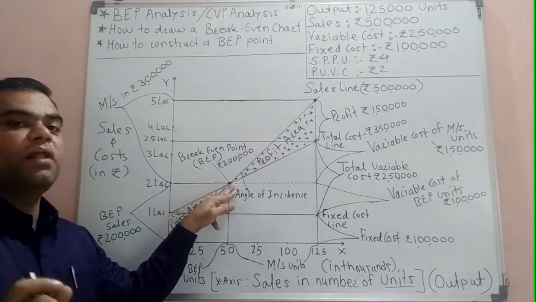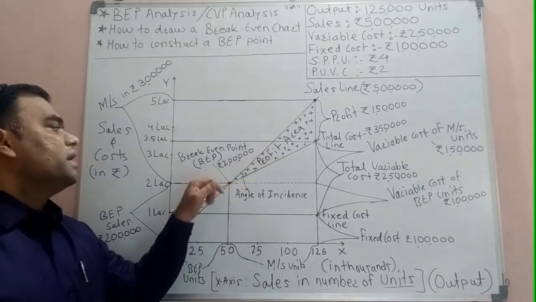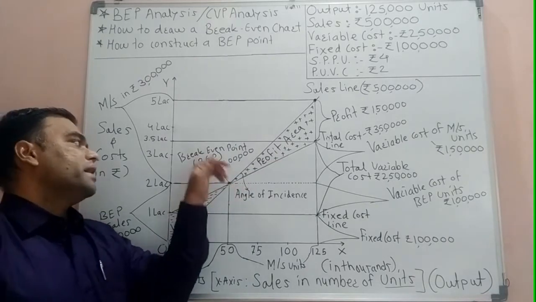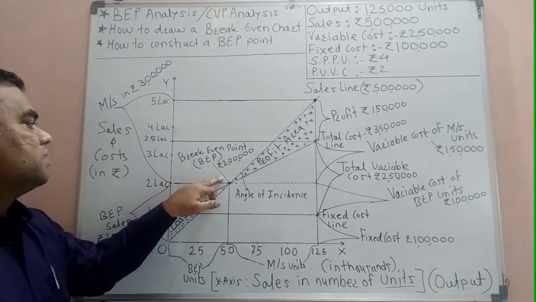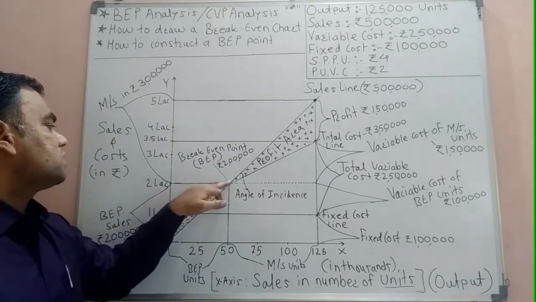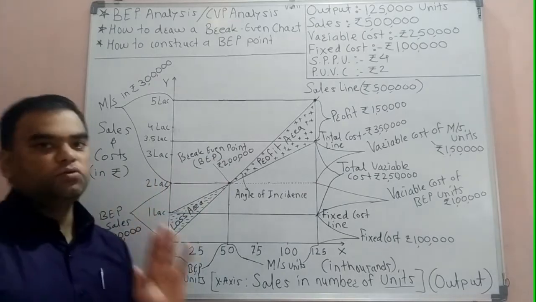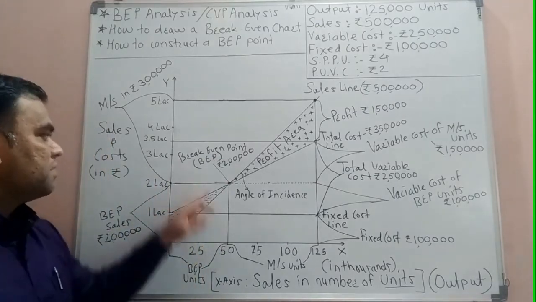Automatically we get the break even point. You can see sales is 2 lakh and your total cost is also 2 lakh. No profit no loss stage means BEP stage.